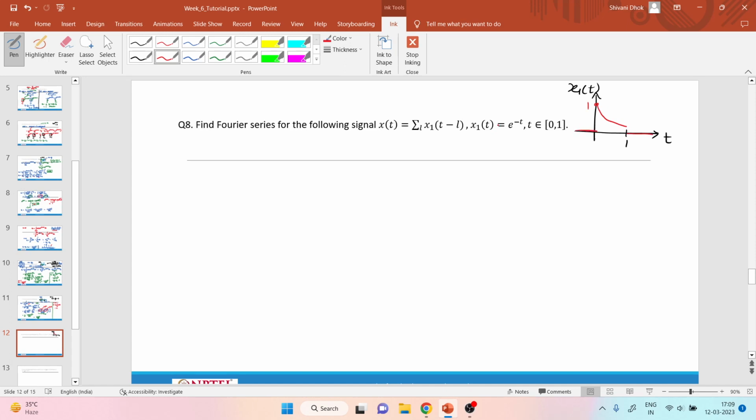Now this x1(t) is repeated at every l-th instant, from minus infinity to infinity. So this x(t) is basically something like this.